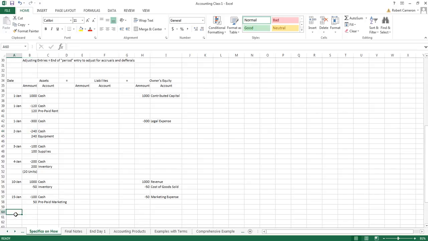So, moving on, let's say that finally we used 5 units of inventory, so we have 15 left. Let's say the marketing really paid off, and we sold our other 15 units of inventory. So, on January 30th, we sold 15 units of inventory. And let's say, heck, we raised the price. We didn't care.